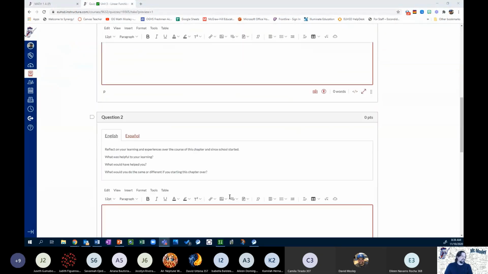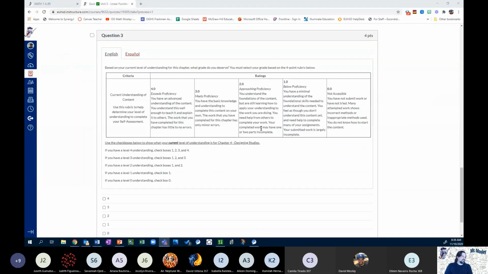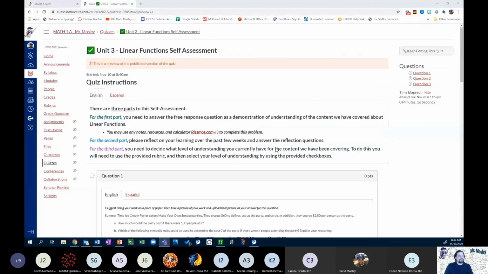So there's that. There's the reflection. And then you select your current level of understanding based on what you've done. I do need to edit that. Okay. And that's it. That is the self-assessment. All right.